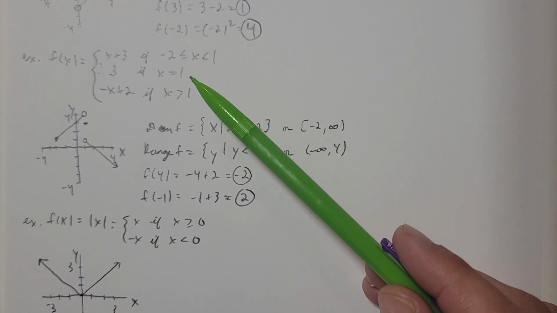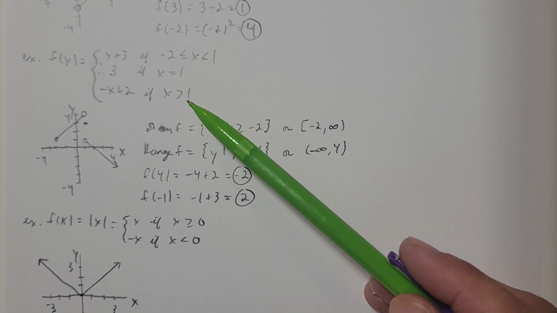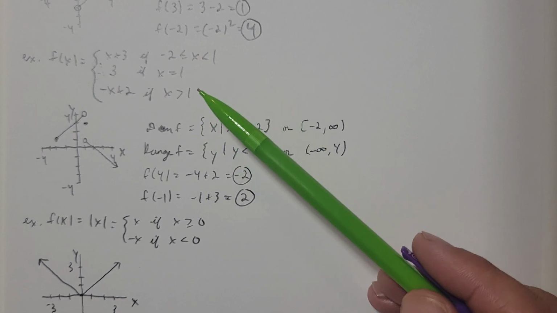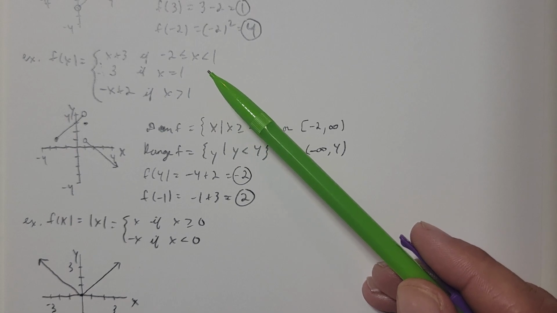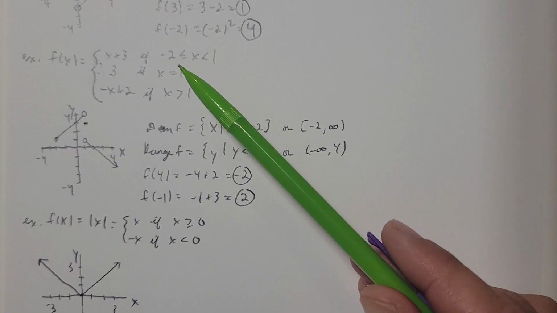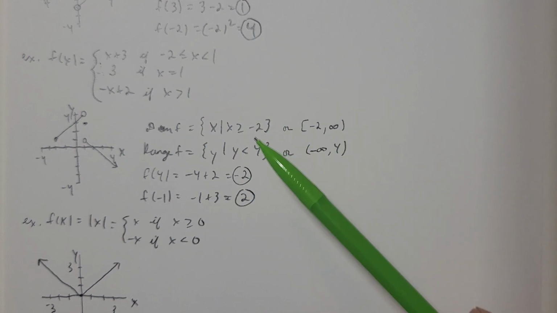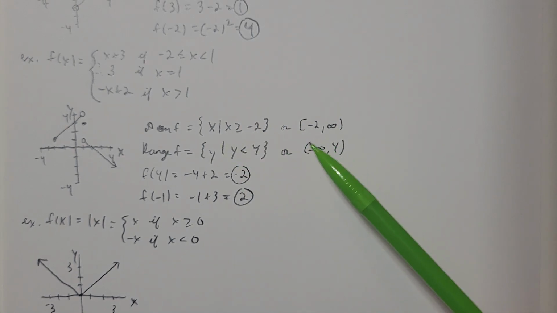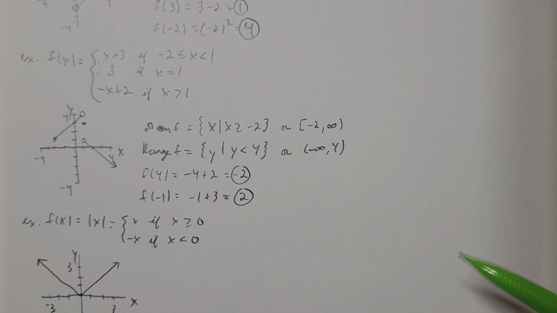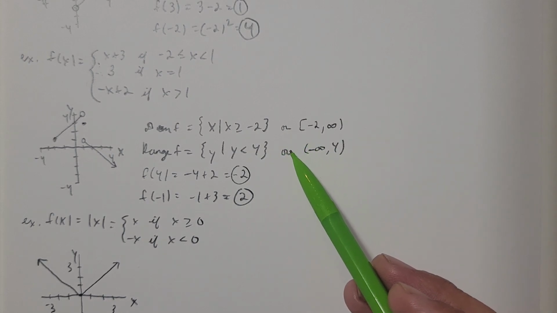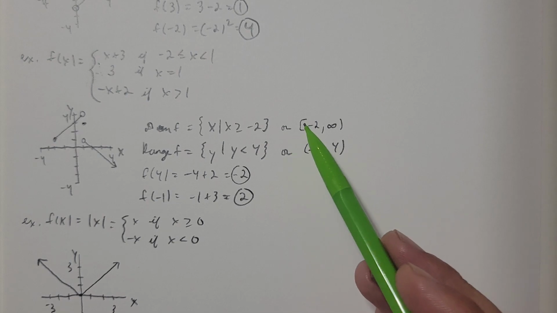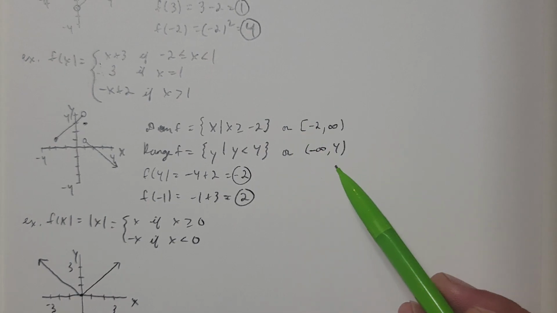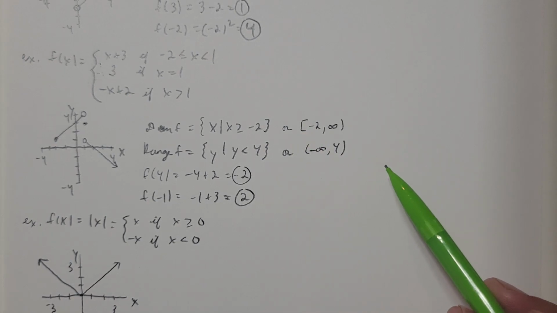We're including 1 in piece 2, and then anything bigger than 1 in piece 3. Well, when you put all that together, that's all x's that are greater than or equal to -2. You can use set notation or interval notation, that's fine. Anything greater than or equal to -2 means that I have a bracket by -2. -2 to infinity would be that interval.